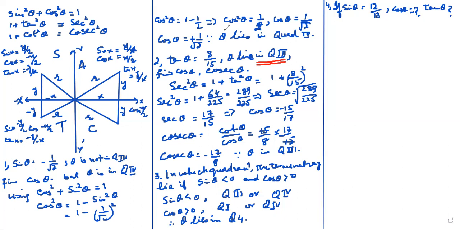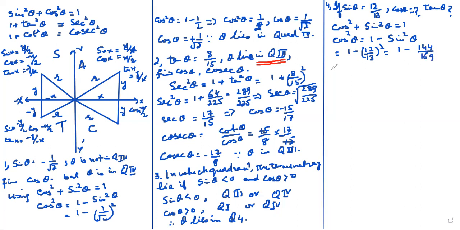Now we know that the fundamental identity is cosine square theta plus sine square theta equals 1, or cosine square theta equals 1 minus sine square theta. Clear? So it equals 1 minus 12 over 13 squared, so equals 1 minus 144 over 169.